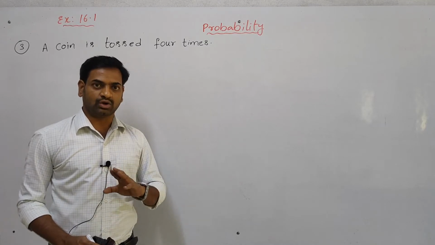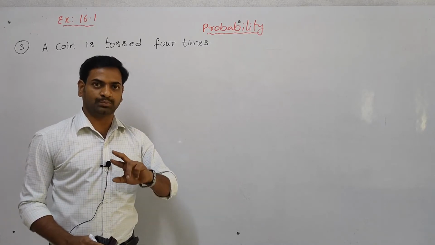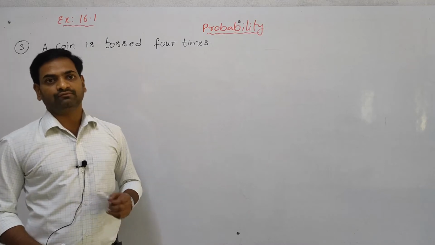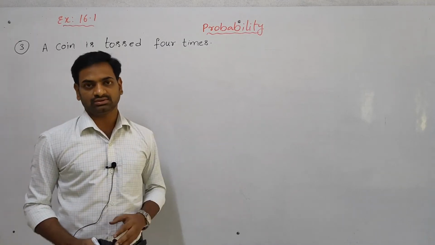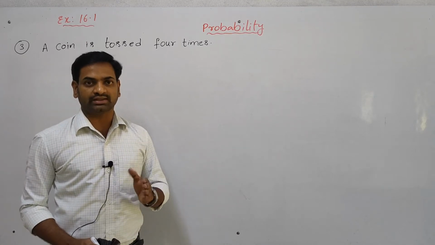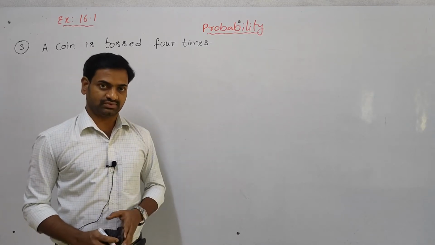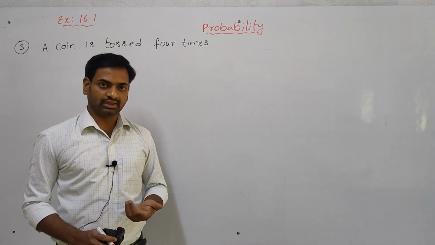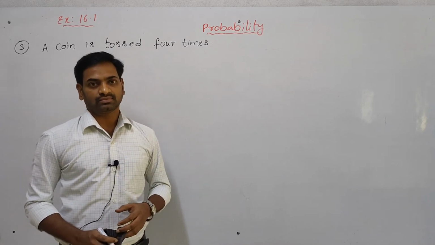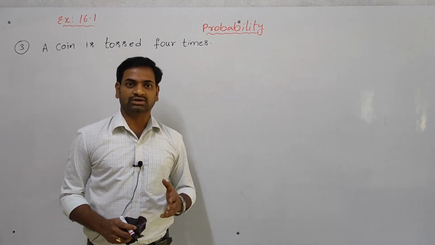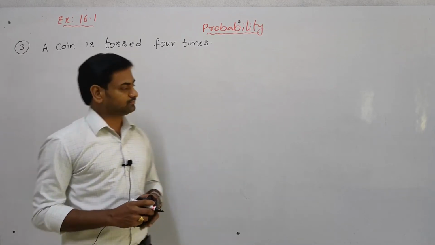If we toss a coin 2 times, it is 2 power 2. If we toss a coin 3 times, 2 power 3. If we toss a coin 4 times, it is 2 power 4. And if we toss a coin n times, then the number of outcomes are 2 power n.